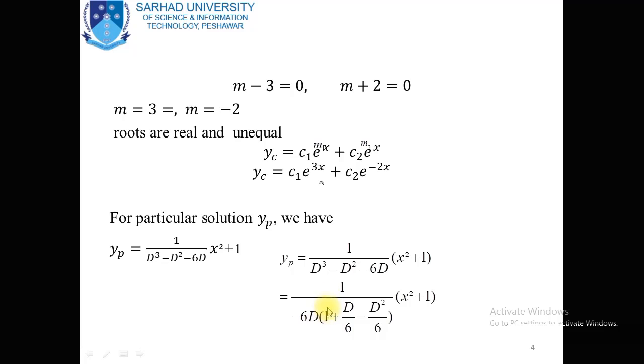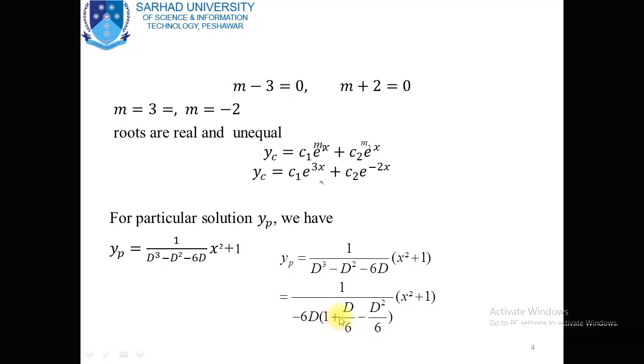Minus 6d multiplied by 1 gives minus 6d, and minus 6d multiplied by d by 6, the 6 and 6 cancel, we obtain minus d square, and minus 6d multiplied by d square by 6, the 6 and 6 cancel, and d square is equal to d cube. So d cube minus d square minus 6d can be written as minus 6d into 1 plus d by 6 minus d square by 6.